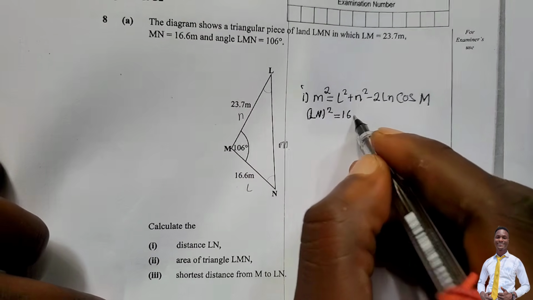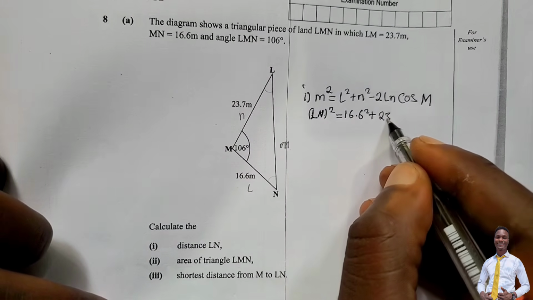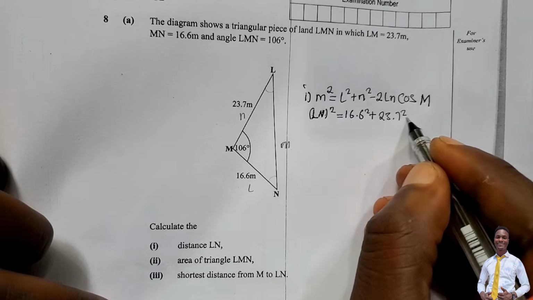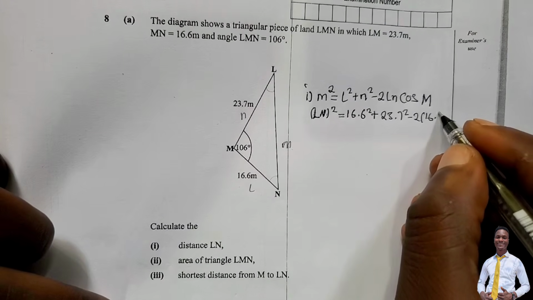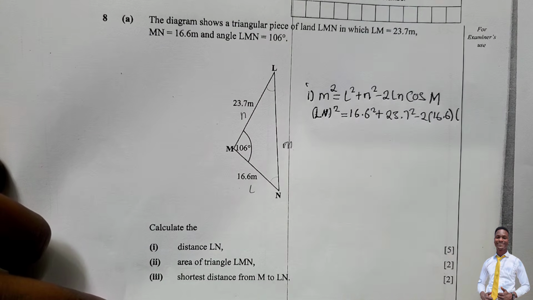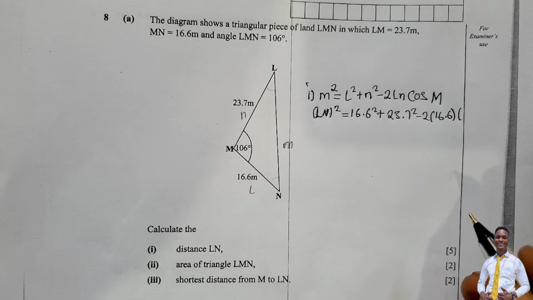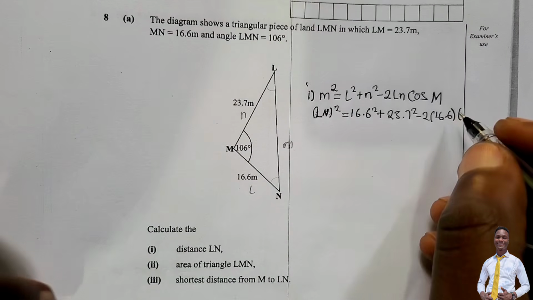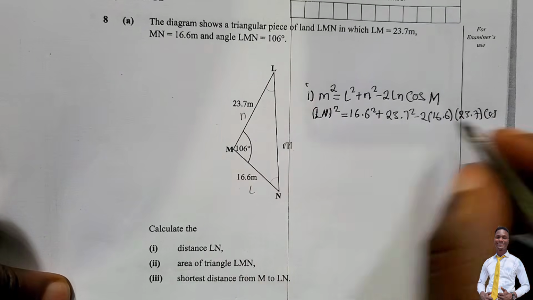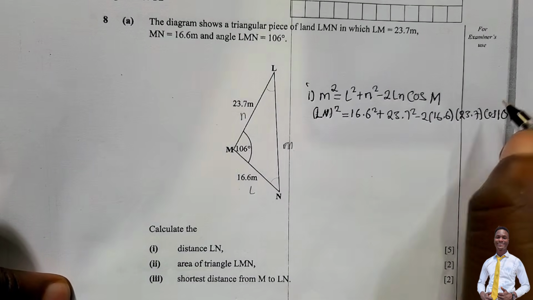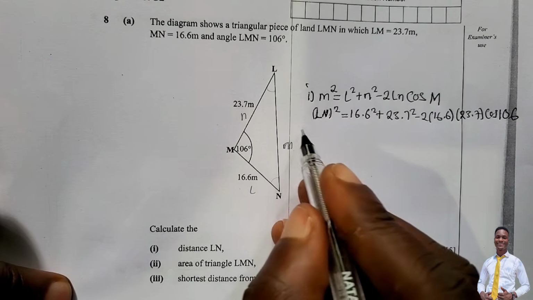So we're going to say 16.6 squared plus 23.7 squared minus 2 times l, which is 16.6, times n, 23.7, cos the angle, which is 106. All right. Then we can calculate here.